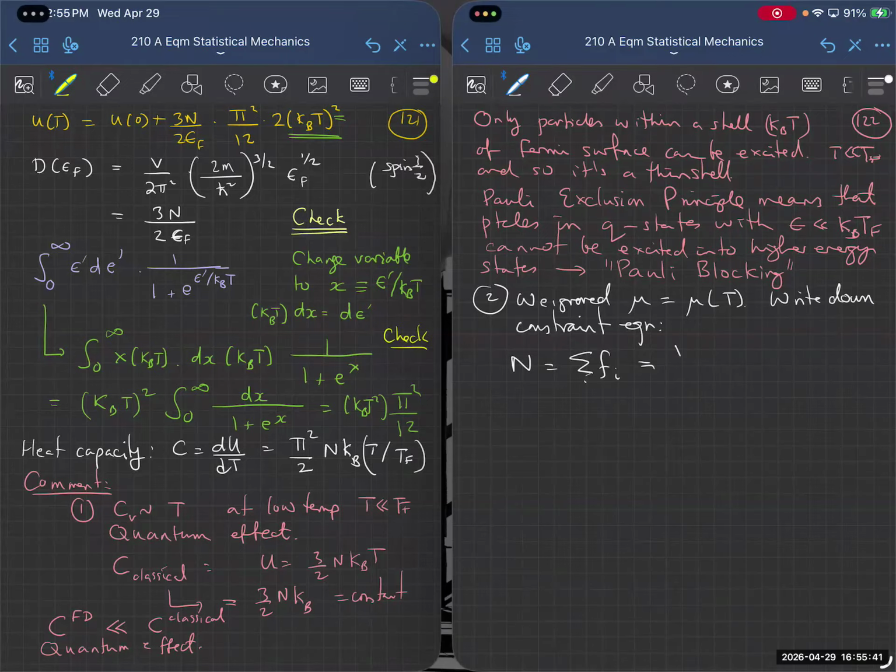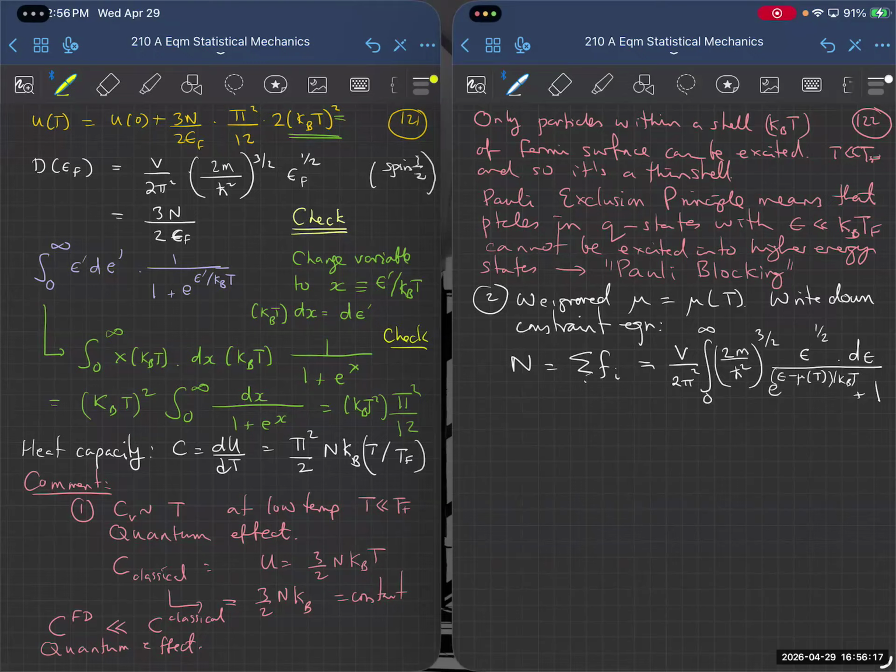So this turns out to be V over 2π squared, the integral from 0 to infinity, of (2m over ħ squared) to the 3/2, that's the density of states in energy, and then ε to the 1/2 dε, and then our Fermi factor, which is 1 over e to the (ε minus μ, now as a function of temperature) divided by kBT, plus 1.